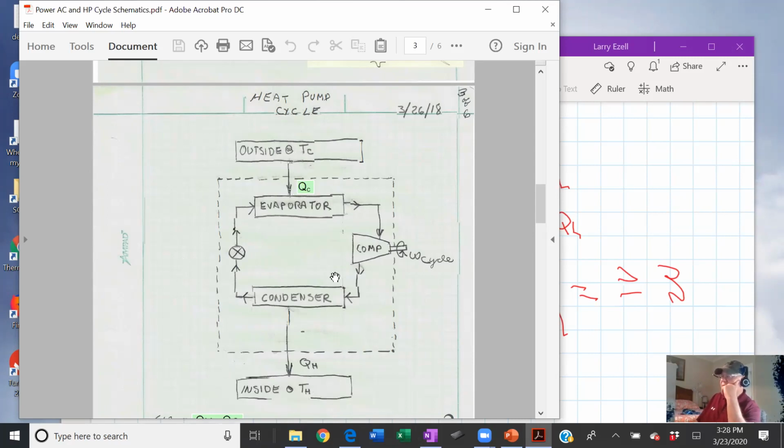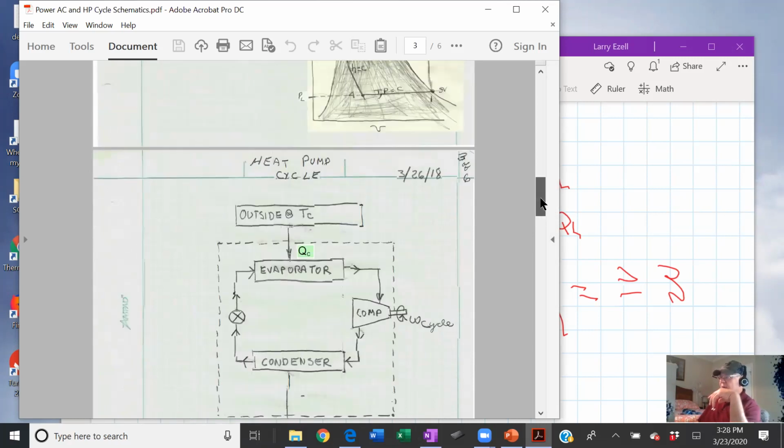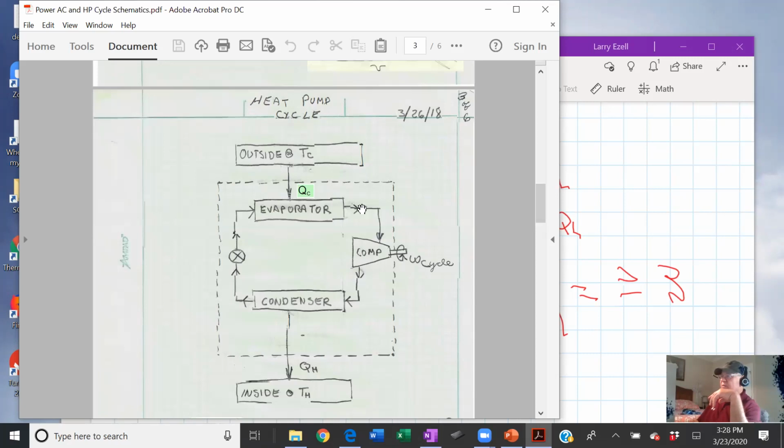It pulls in heat from the outside, storing it in the fluid, going through the compressor, which adds the work of the compressor into the energy of the fluid, and you've got all this hot energy and go through the condenser and you get a lot of heat out. That's the way a heat pump works. Same components. It just reverses flow.